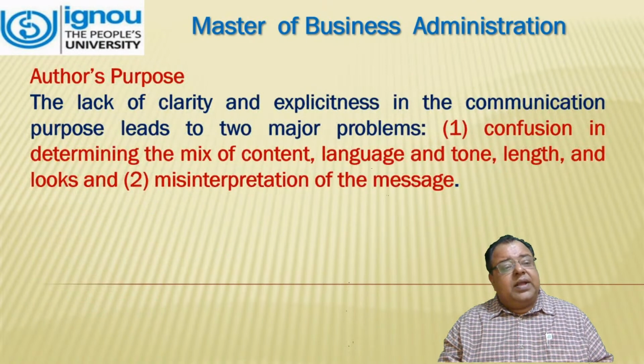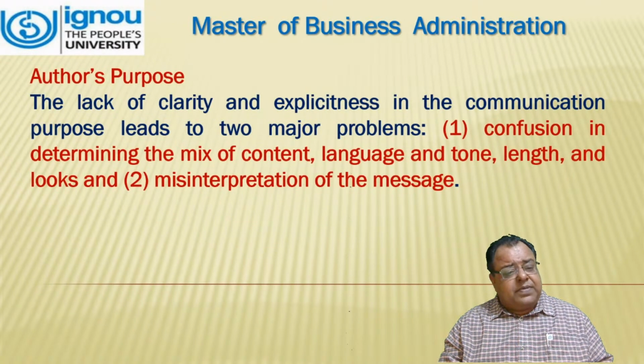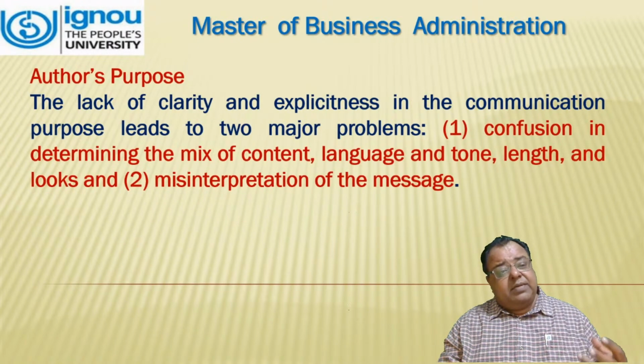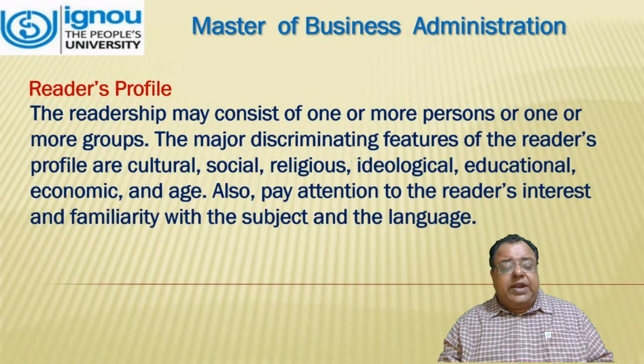Author's purpose. The lack of clarity and explicitness in the communication purpose leads to two major problems. First, the confusion in determining the mix of content, language and tone, length and looks, and second, the misinterpretation of the message. Reader's profile.